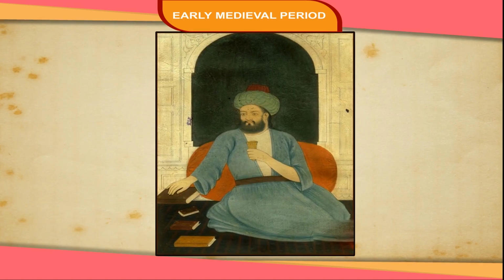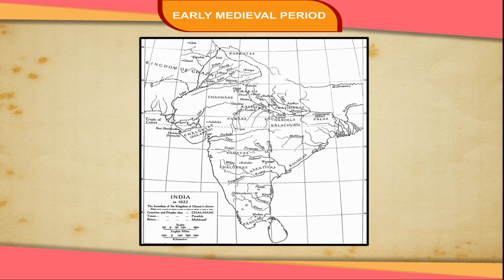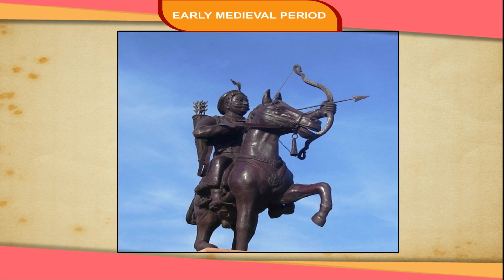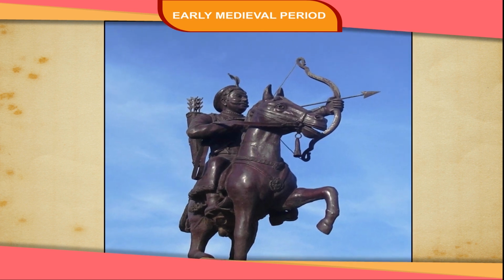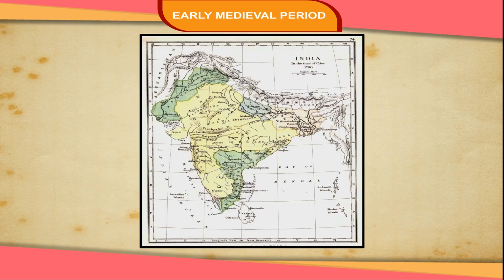Another important Muslim ruler who made his influence felt in India was Muhammad Ghori. He ascended the throne of Ghazni in 1173 CE, made Punjab his base, and was ready for a campaign towards Delhi and the Ganga Valley. Meanwhile, the famous Indian ruler Prithviraj Chauhan ascended the throne of Ajmer in 1178 CE and occupied Delhi after defeating the Chandelas.